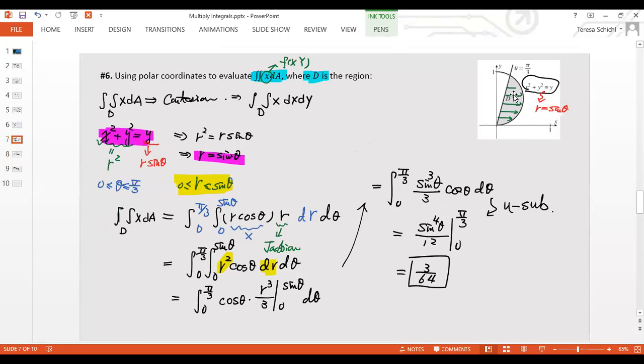Like this one here, this is a circular integration region. So polar coordinates will be a lot easier to help us solve the integration. If you try to change this to a function, it will be pretty messy, right?